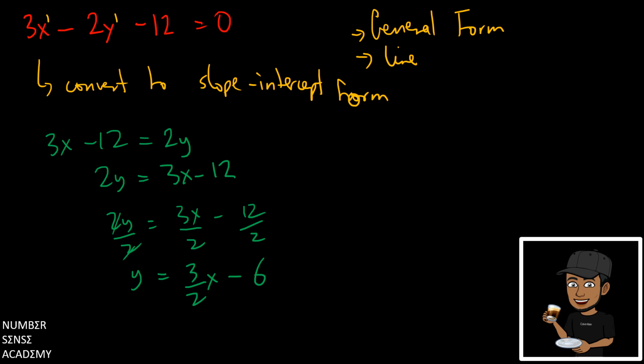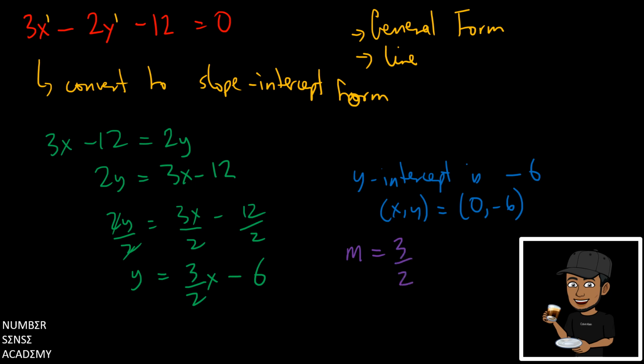Okay, so let's pull this apart. The first thing I notice is that the y-intercept is negative 6. So that coordinate is 0, negative 6, where the line crosses the y-axis. The slope, on the other hand, is equal to 3 over 2.